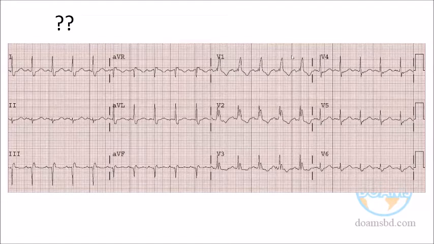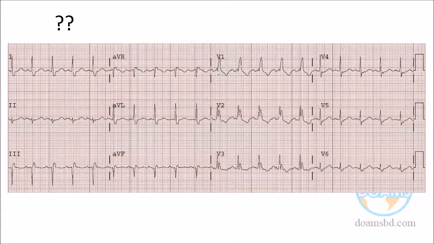Sir, I think left bundle branch block. You are thinking left bundle. So this is a wide QRS in V5, V6, you mean? And what happened to V1? Left bundle branch block, V1 also wide, right?